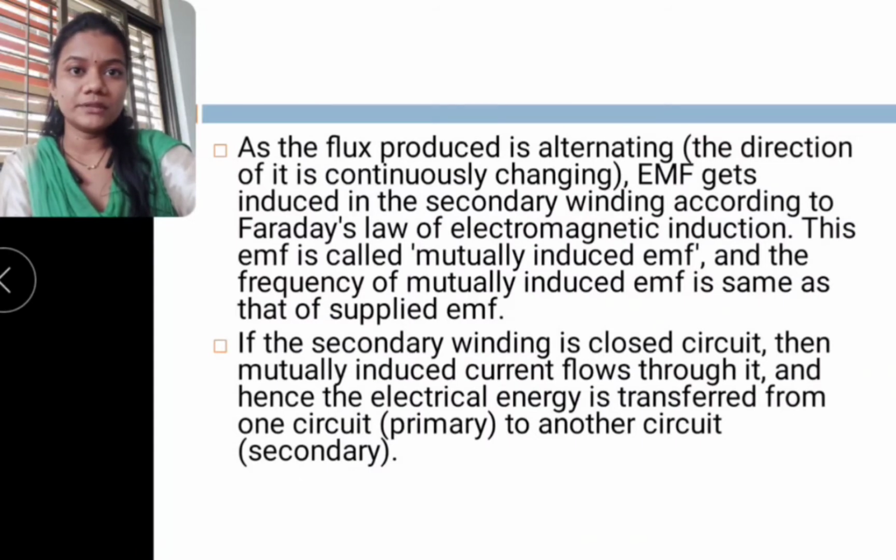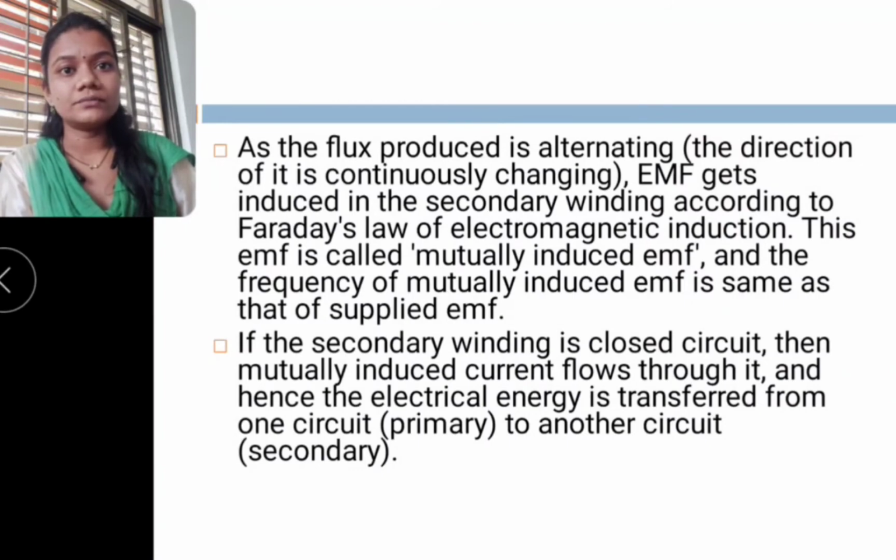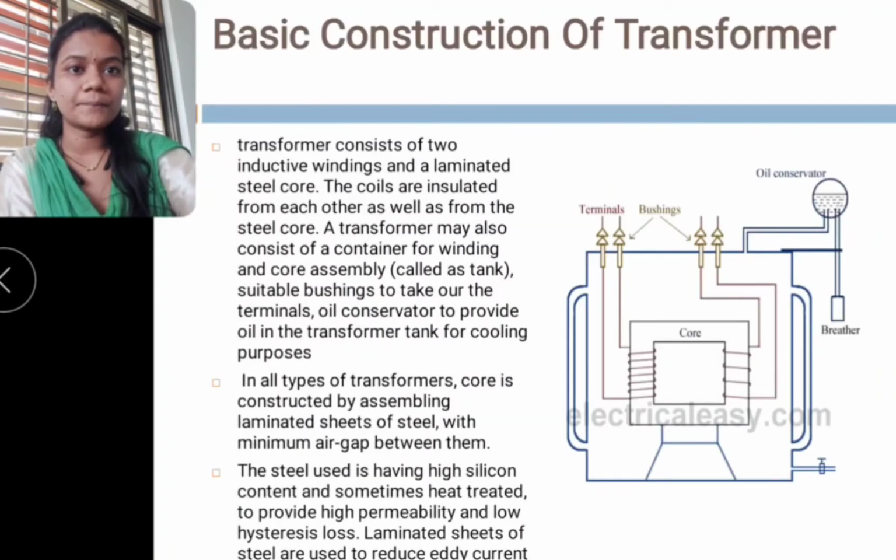As we said, a transformer is a device that carries power from one circuit to another without changing its frequency. If the secondary winding is closed, the mutually induced current flows through it, and hence electrical energy is transferred from one circuit to another. This is the working principle of a transformer.